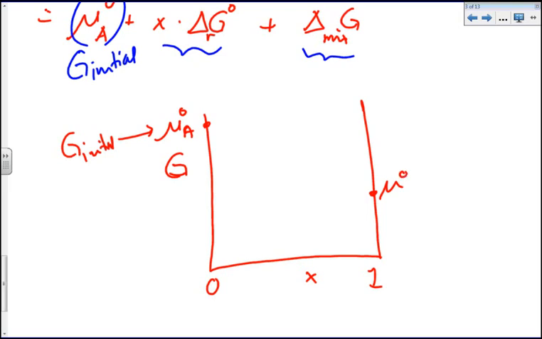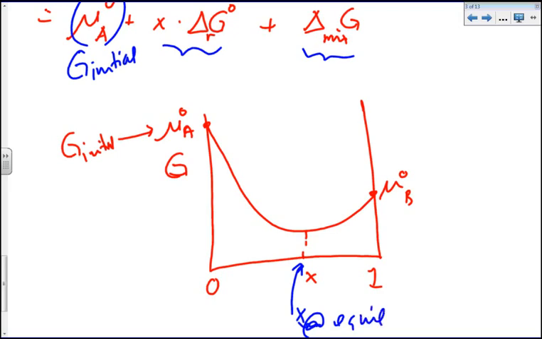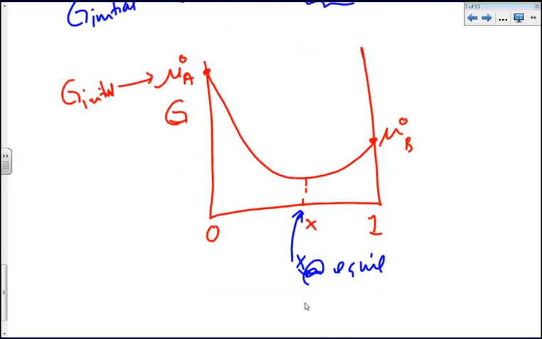Okay, so let's call this mu naught B. And if we were to plot G versus X, what we'll find is this thing's going to drop. We're going to reach a minimum. Okay, so this minimum value is the value of X at equilibrium. So where the minimum in G is, that is your equilibrium extent of reaction.